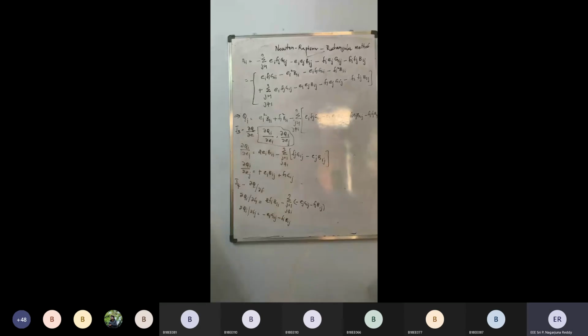So these are the elements of the J3 and J4 submatrices.